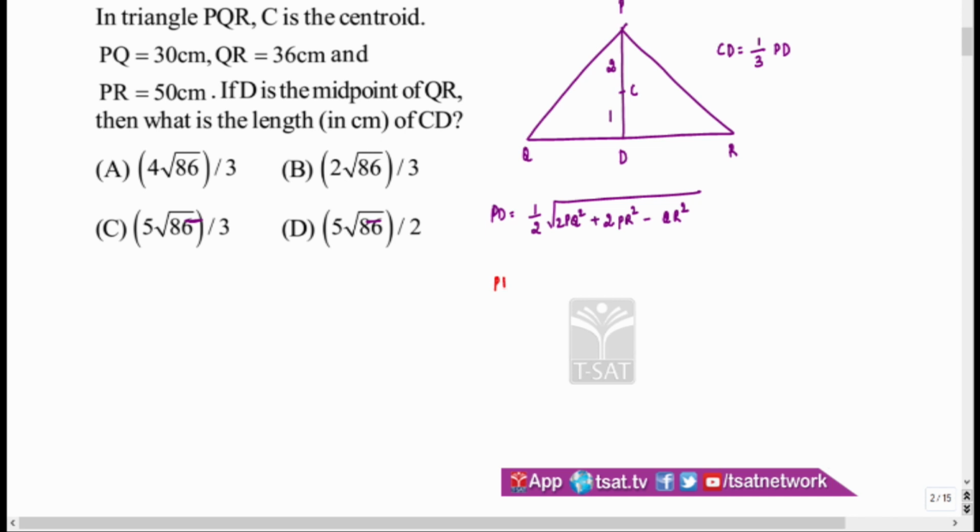PD is equal to half of under root of 2 into 30 square, that is 1800, plus 2 into 50 square, that is 5000, minus QR square 36, that is 1296.